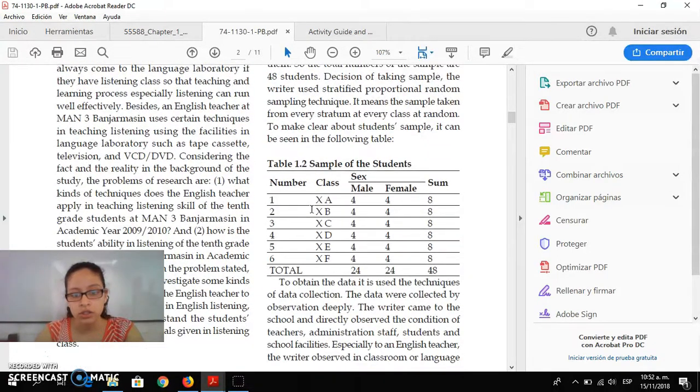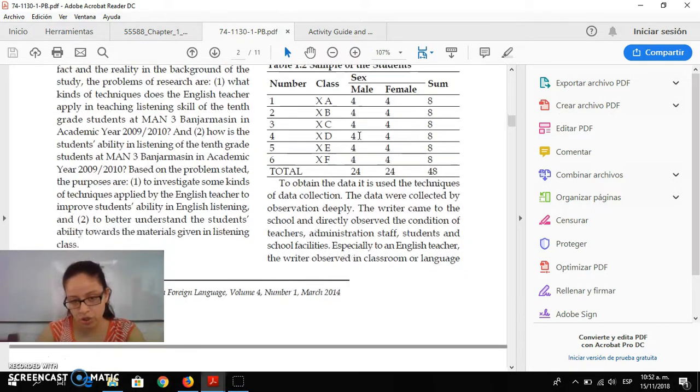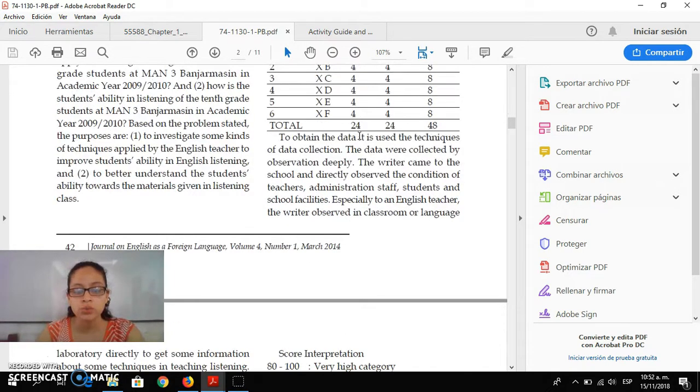And then they describe their principal characteristics such as class, sex, and number through this chart. Then the article expresses the techniques used for data collection, which are observation, interview, and documentary.